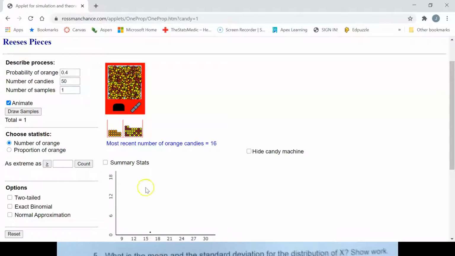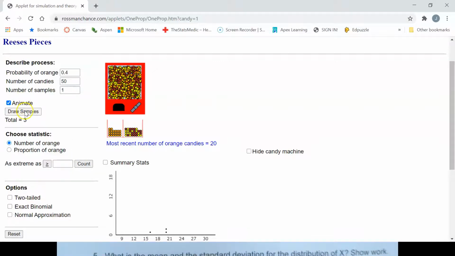I'm going to draw another sample. I got 20 candies this time. For our third sample, 20 candies again.